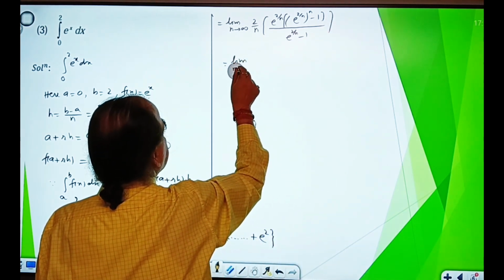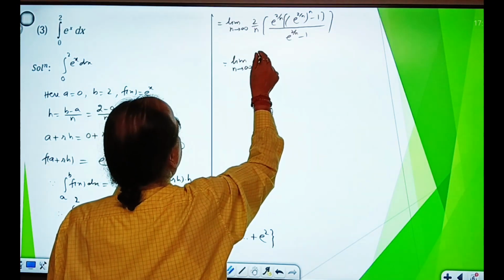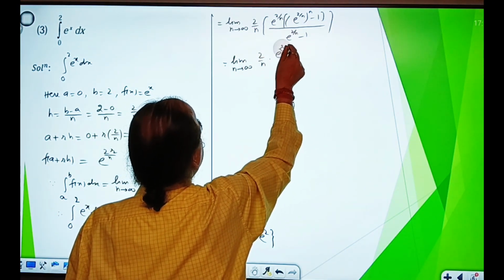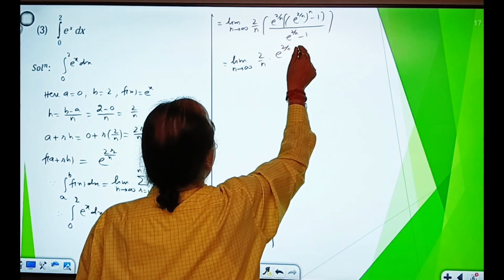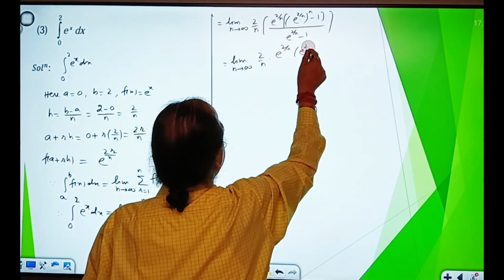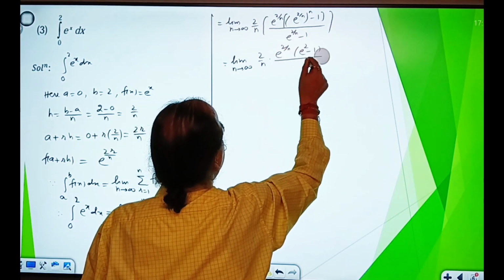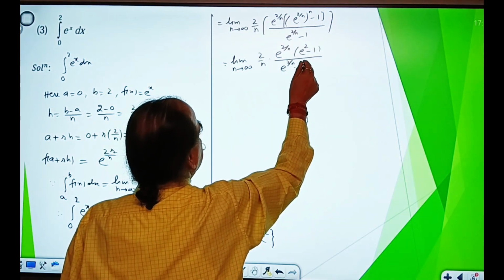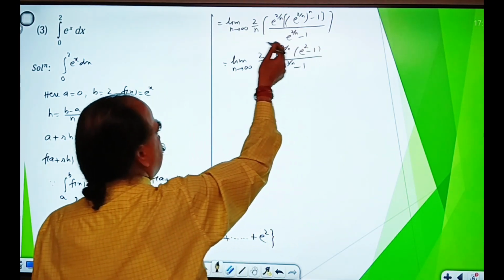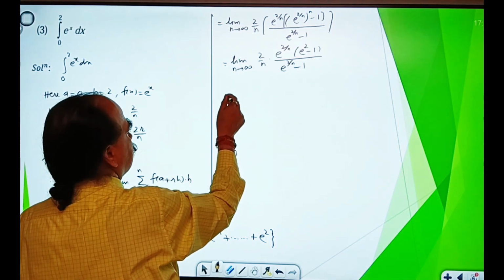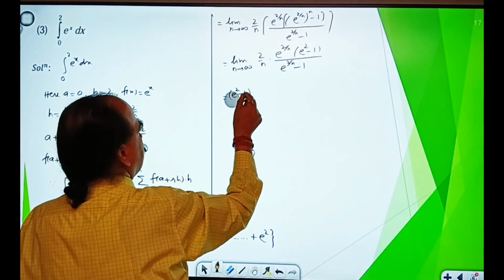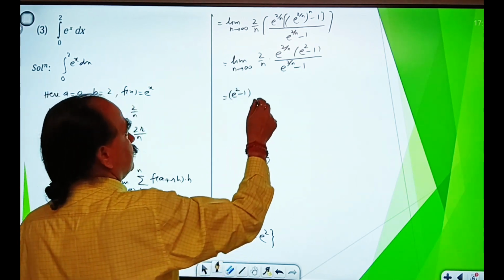Limit n tends to infinity 2 by n into e raised to 2 by n, and this will give you what? e square minus 1 upon e raised to 2 by n minus 1. This e square minus 1 will come outside as it is independent of limit.